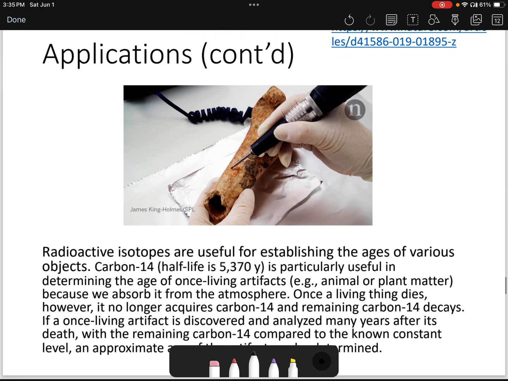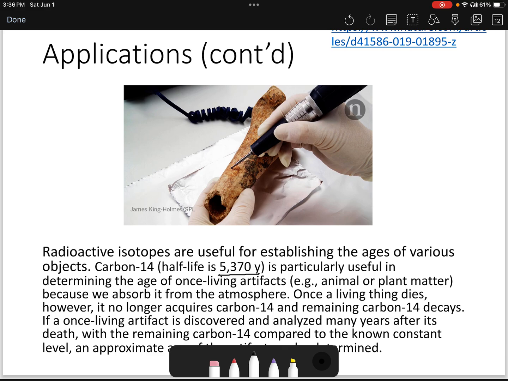Another application is for if we want to figure out how old something is. So for example, carbon 14, which has a really long half-life of 5,370 years, is really useful in determining the age of once living artifacts. So from an animal or a plant, for example. And that's because we do absorb carbon 14 from our atmosphere, even though it's very, very small in terms of its percentage.